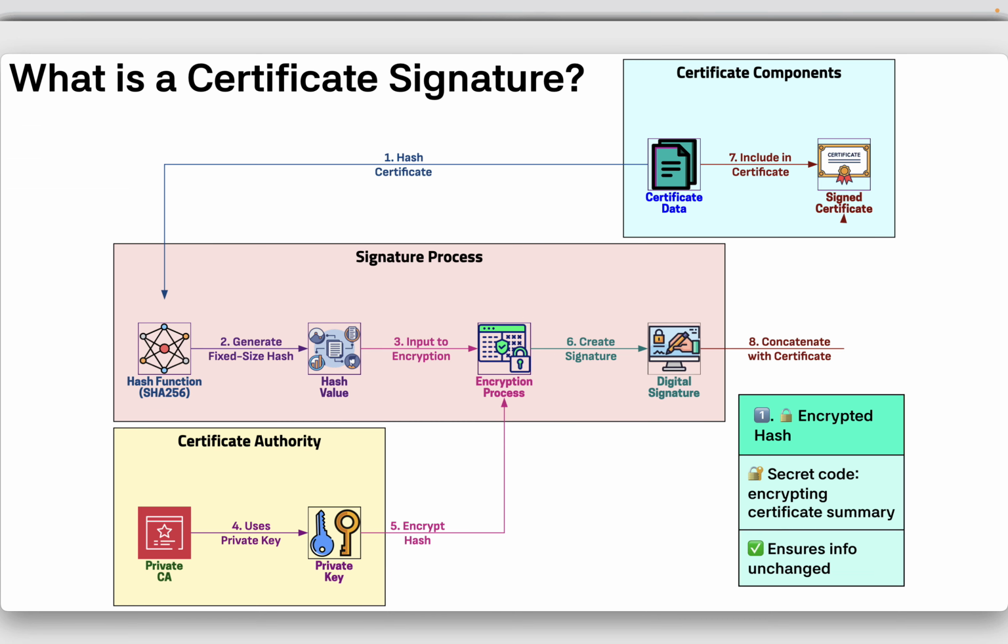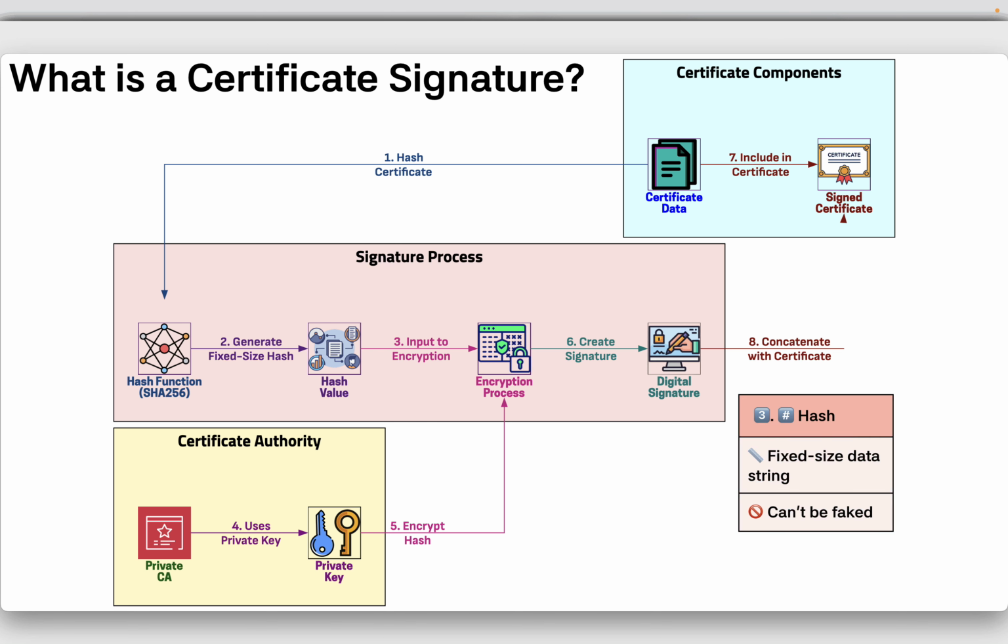What is a certificate signature? A digital signature is basically a secret code made by encrypting a summary of the certificate. It makes sure the information in the certificate has not been changed. Your private CA uses a special math function like SHA-256 to create this code. This function works on the certificate content, which can be different sizes.